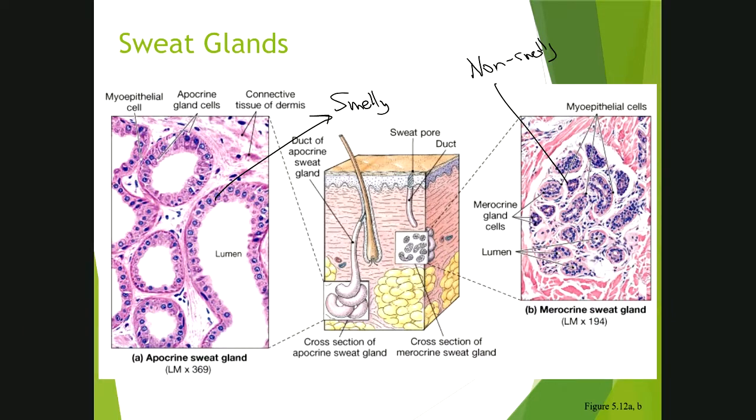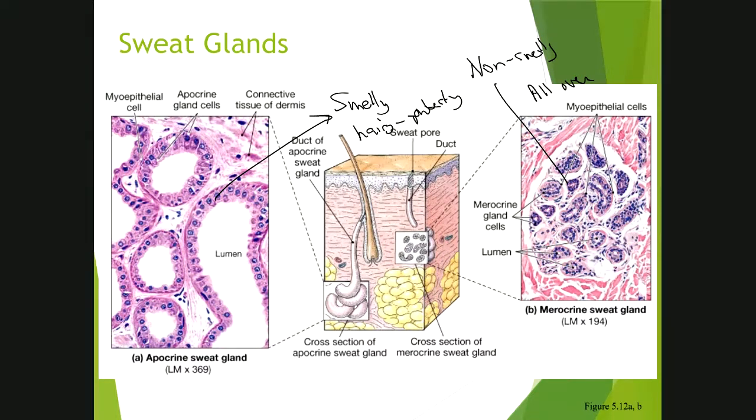And then one more difference is, remember, these are all over your body. They're everywhere. Now, they're concentrated in your hands, your feet, and your face, but they're everywhere. These are only localized to certain places. And all those places are hairy, and they become hairy at puberty because that's when these glands start working.